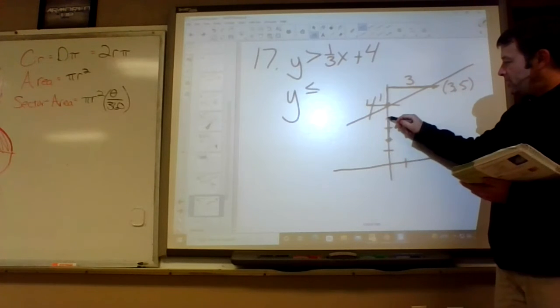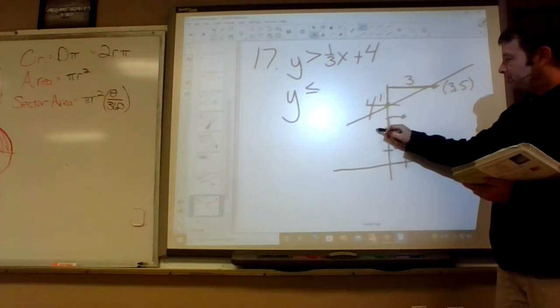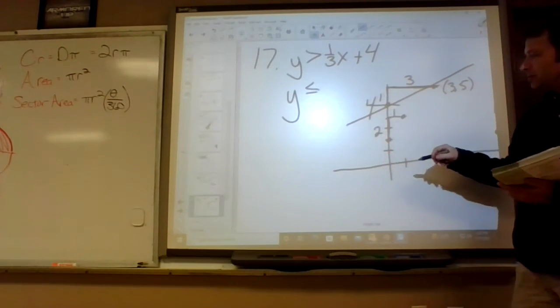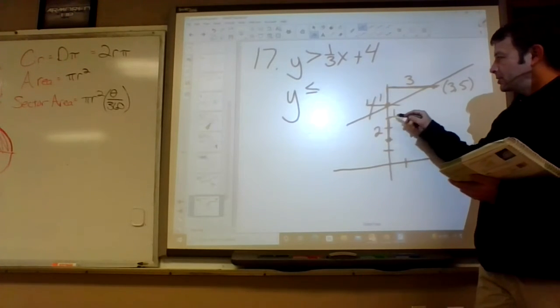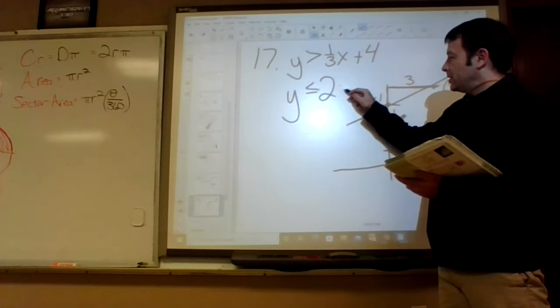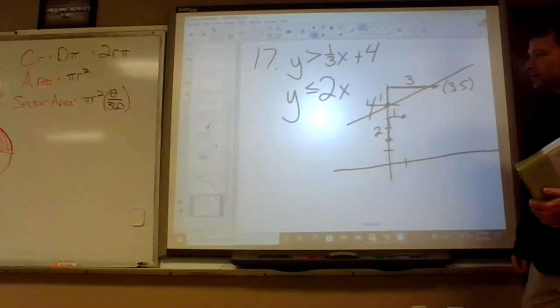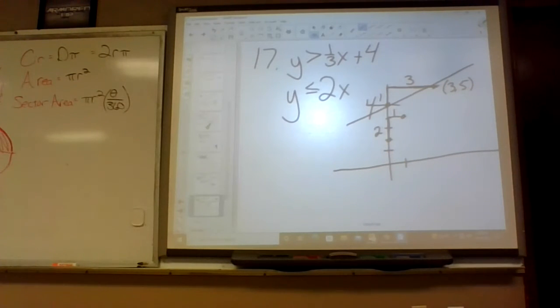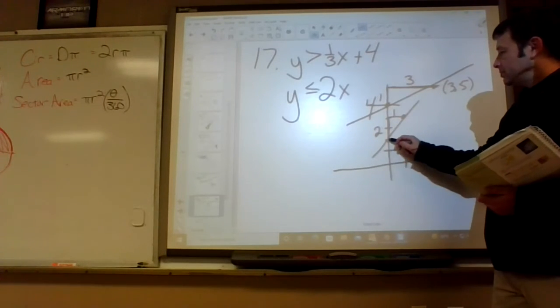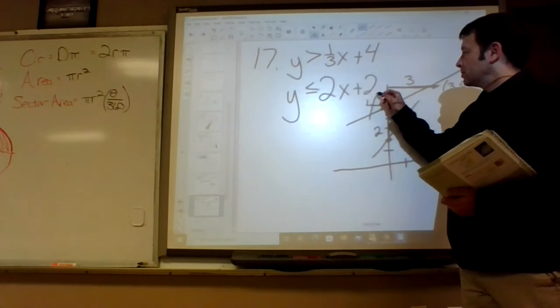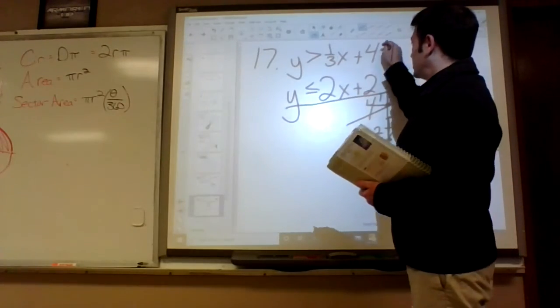So what's the rise and what's the run? 2 over 1, which is just 2. Rise 2, run 1. So you don't have to write it as 2 over 1, you can just write it as 2x. And what's the y-intercept? Yeah, plus 2 right there. That would be it.